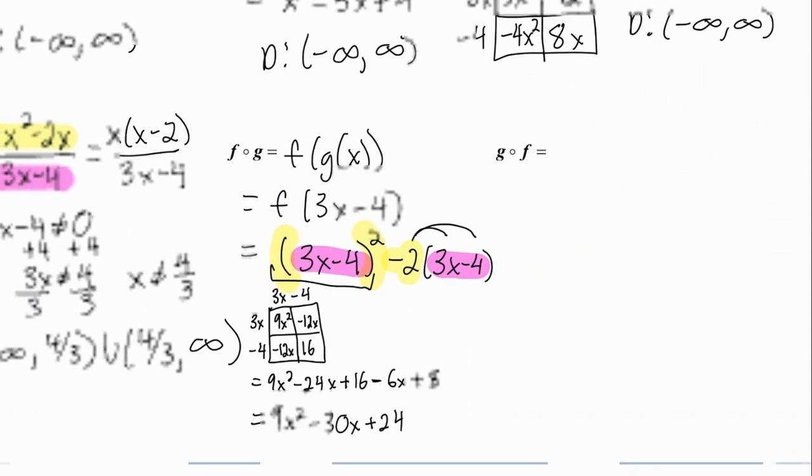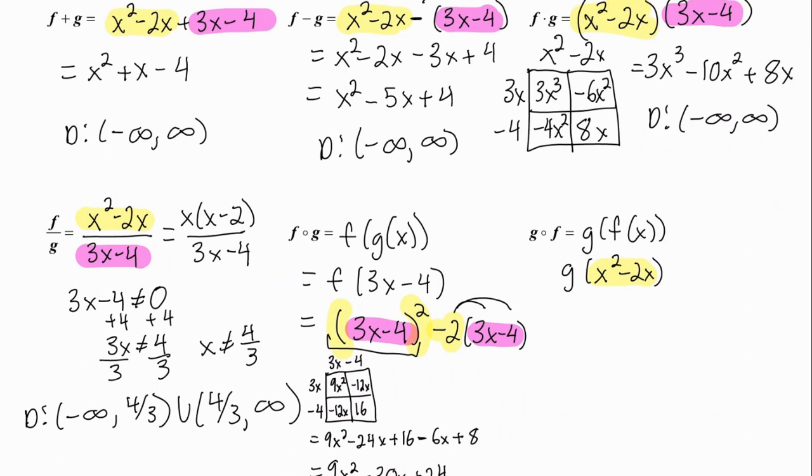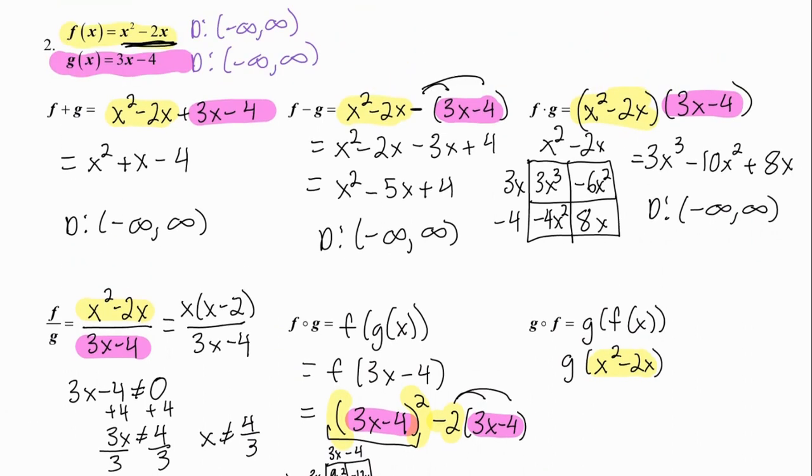Okay, so this next one is asking us to do g of f of x. That means into g, we're plugging in x squared minus 2x. We're plugging in that f equation. Okay, so everywhere we see an x in g, we're substituting in that other equation. So this would be 3, that's from that g equation, times x squared minus 2x, again, we're plugging that in for x, minus 4.